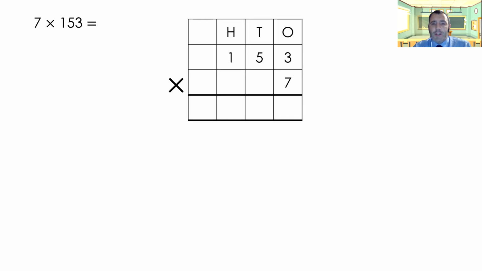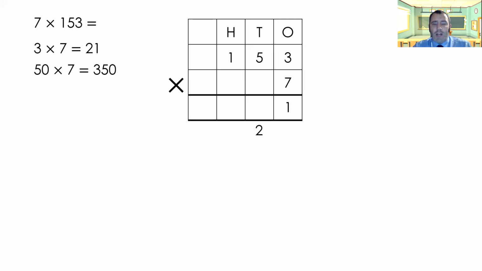My first calculation, starting from the right and working to the left, is going to be 3 times 7, which gives me 21. So again, the 1 goes into my ones column. I exchange the 2 tens into my tens column. My next calculation is going to be 50 times 7, which gives me 350.